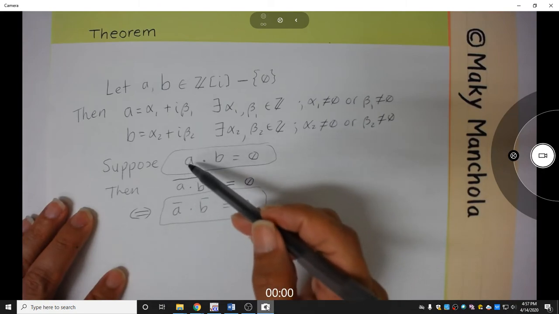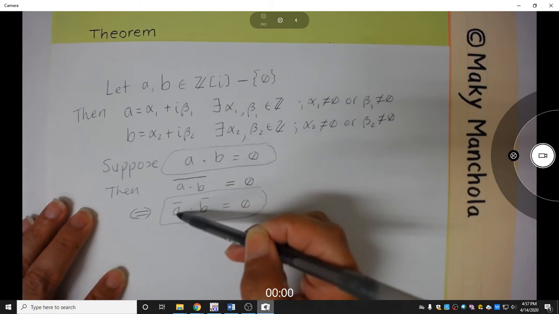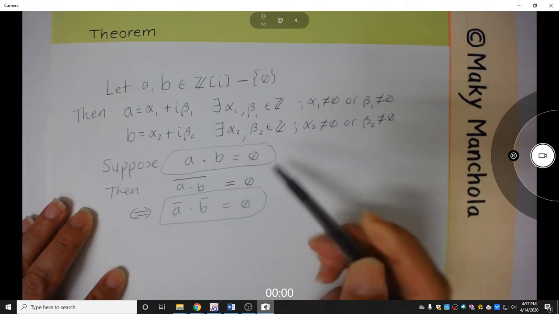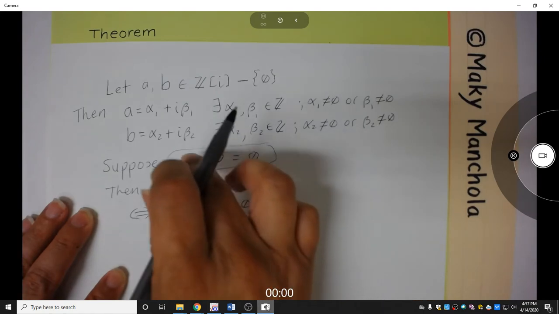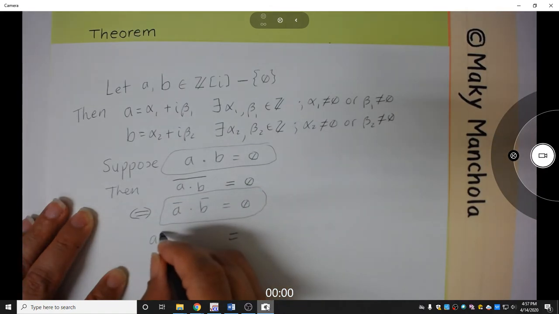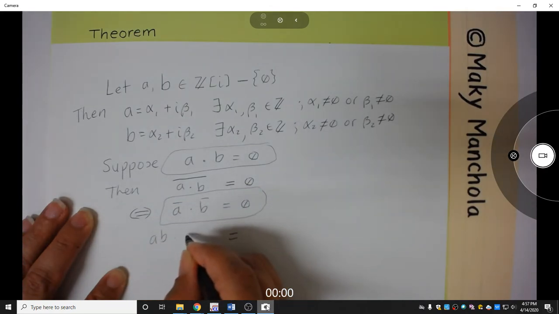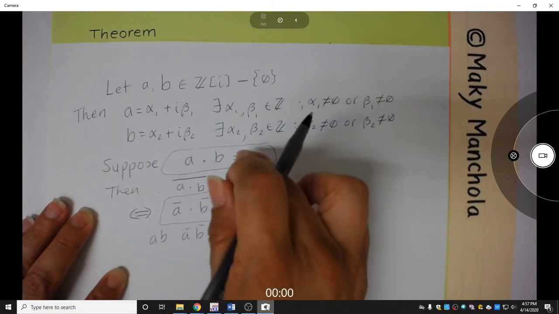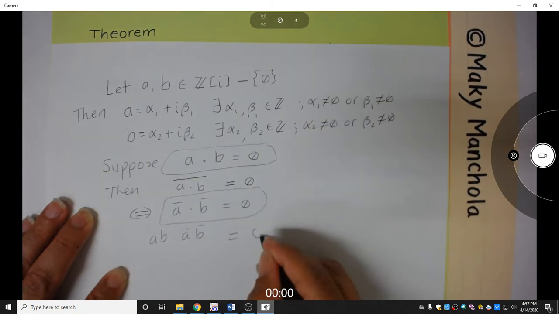So let's multiply left-hand side with left-hand side equals right-hand side times right-hand side. So we're multiplying ab times a conjugate b conjugate. That's equal to 0 times 0, which is still 0.